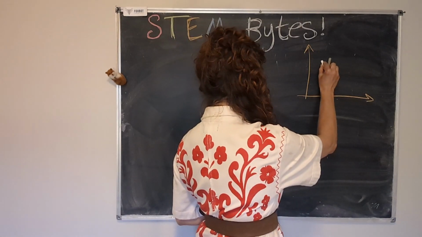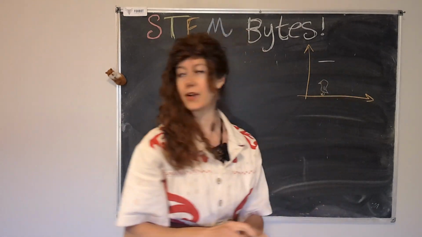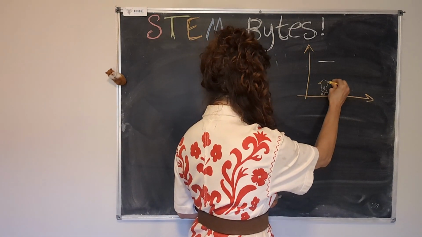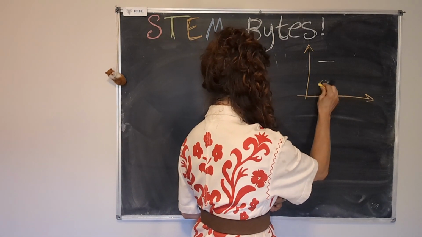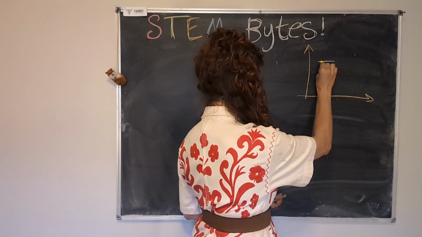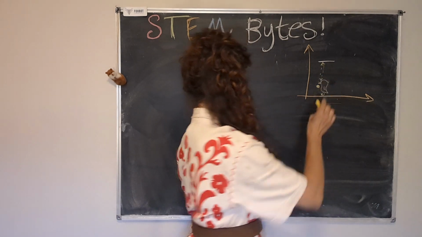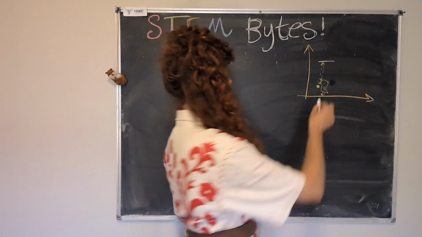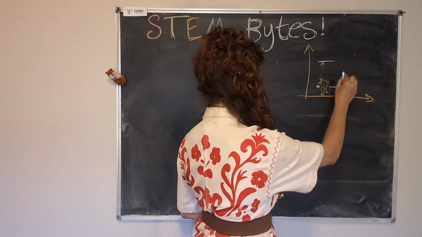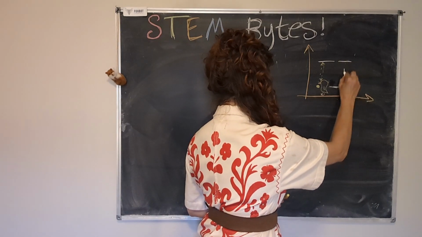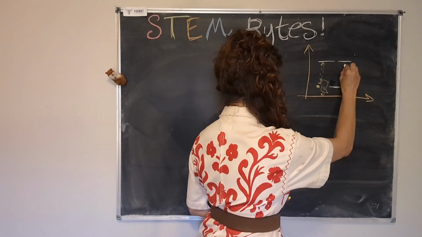So let's say there is a mirror and our penguin shines a flashlight that releases some light. That light travels up to the mirror and then it travels back down in a straight line. And the distance that that light travels from here to the mirror is a distance of d.